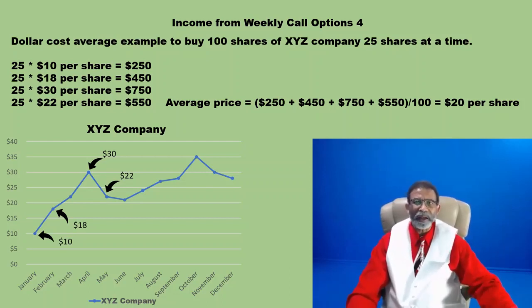You divide that by 100, and now you have an average price per share of $20 per share. So the idea is to not necessarily buy the shares at the same price when you're doing dollar cost averaging, so that you get an average price for that particular stock.